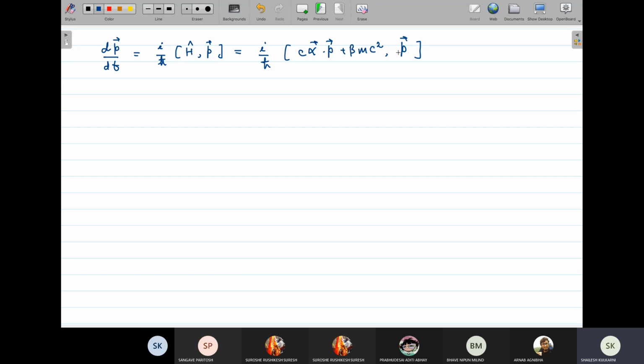This operator commutes with P, and this operator commutes with P. So this is 0. Is it clear? So dp by dt is 0. So P is a constant of motion.